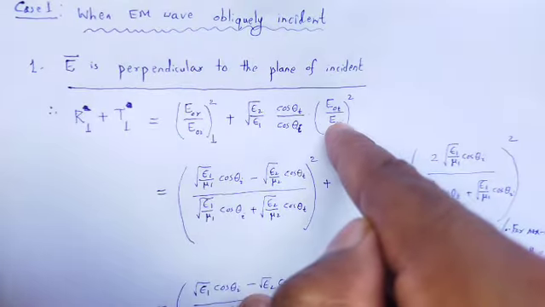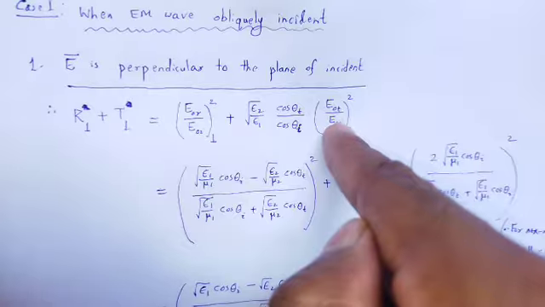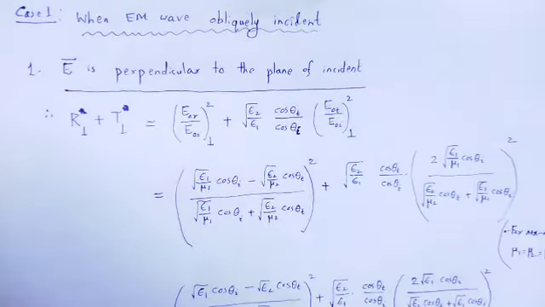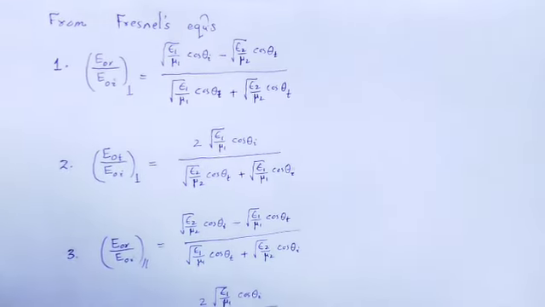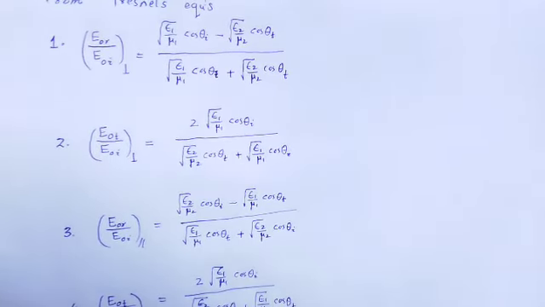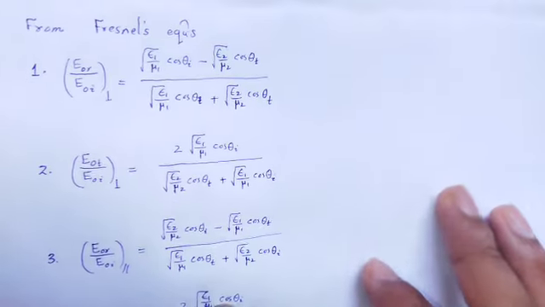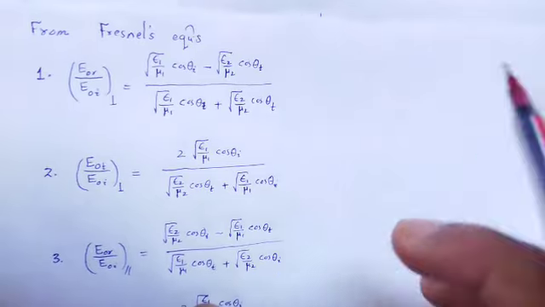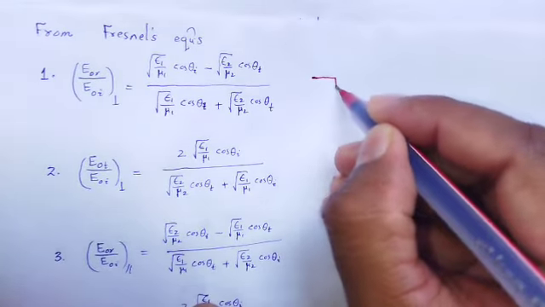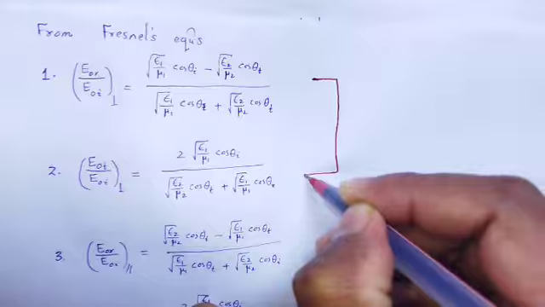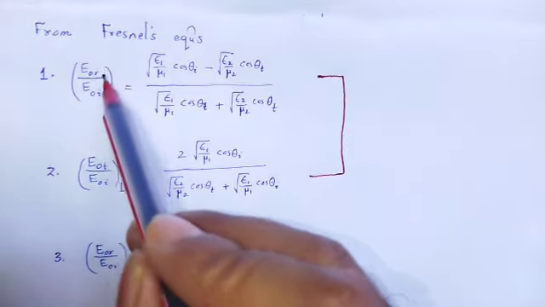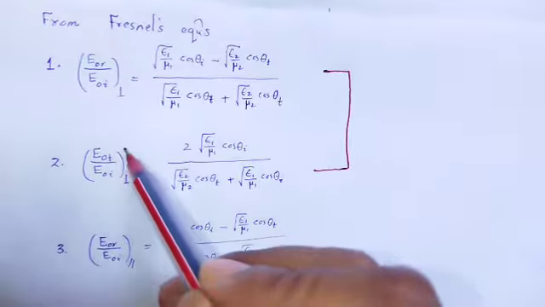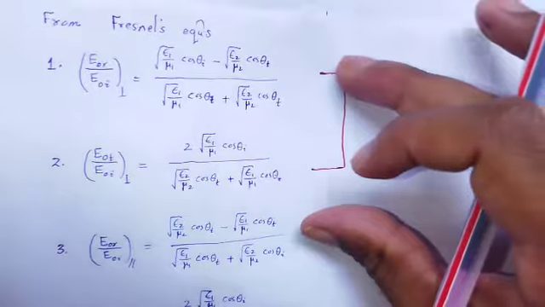These two are from the Fresnel's equations. As we have already discussed the Fresnel's equations and their derivations, four Fresnel's equations. When the E vector is perpendicular to the plane of incidence, then these two are the Fresnel's equations: reflected to incident in the perpendicular situation, transmitted to incident in the perpendicular situation.